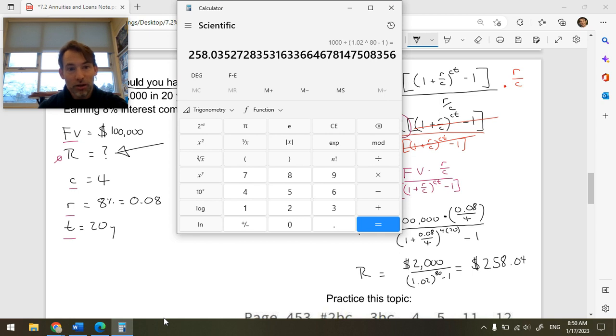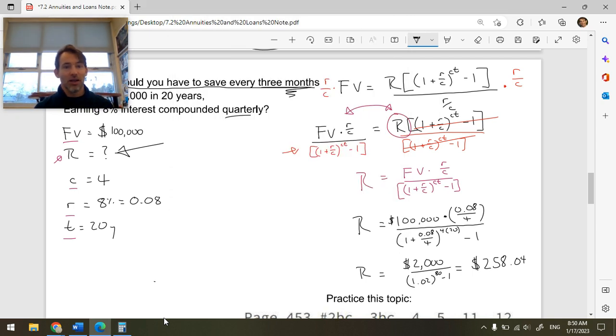So for the low cost of $258 per 3 months, and you get 8% interest compounded quarterly, and you do this for 20 years, less than $100 a month, you'll have $100,000 in 20 years. That's pretty cool.